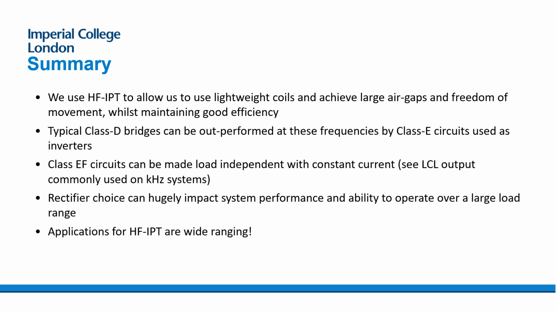We use an EF circuit specifically designed to be load independent, as I mentioned, and to achieve constant current. If you want a cross-reference between the work in the previous presentation on electric vehicle charging, then the LCL output that they use there is achieving the same type of characteristics as we're looking for here.